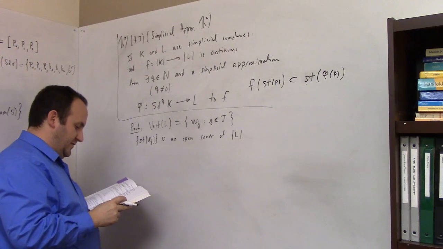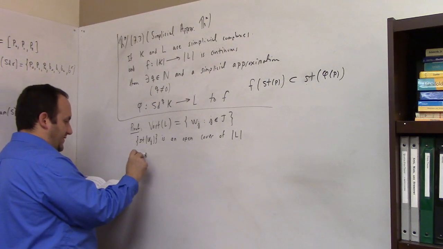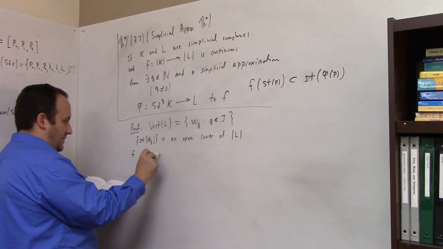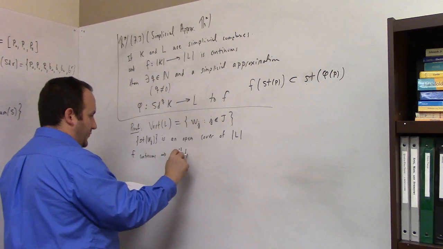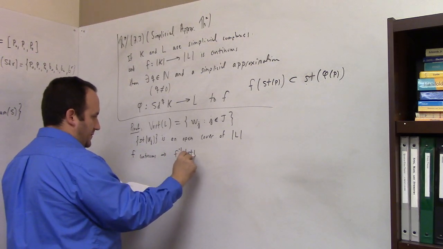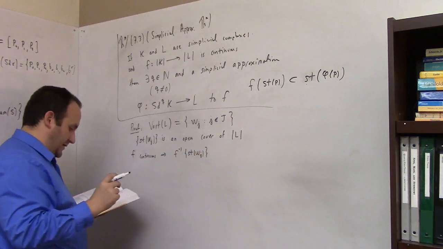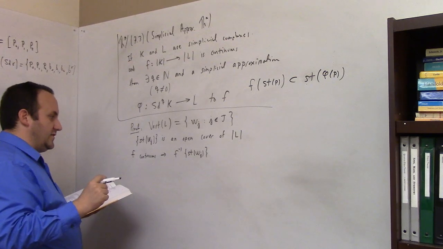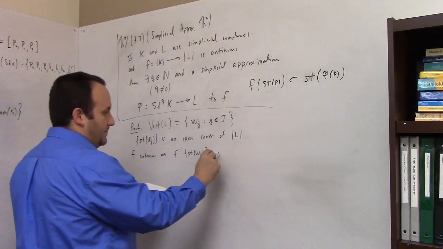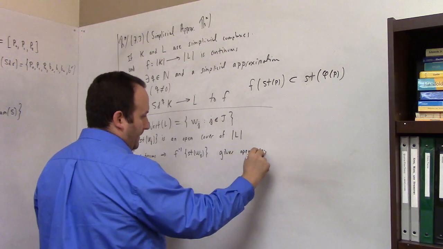Since F is continuous, what's that say? F continuous implies that the inverse image of open sets are open, of course, right? And that is going to give us an open cover of what?